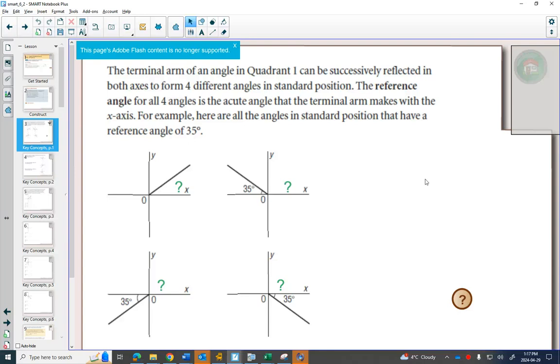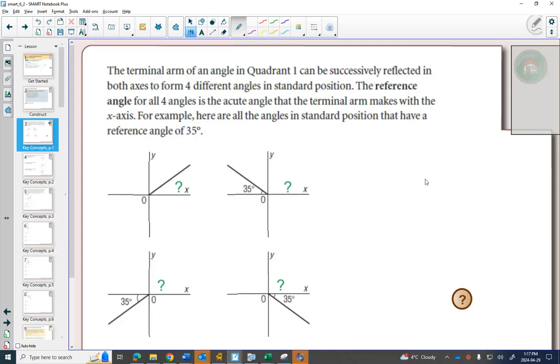Started, and we're skipping construct the understanding. Take out your highlighter, and we're going to highlight the definition of a reference angle.